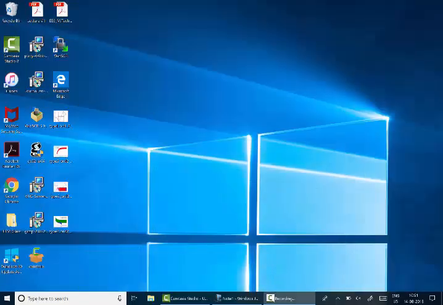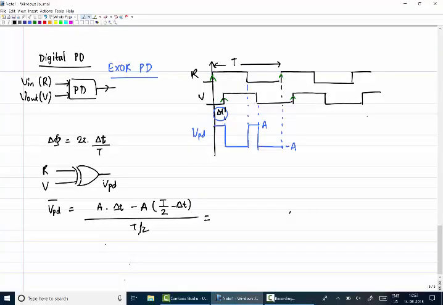So this is equal to A divided by T by 2, into T by 2 minus T by 2 plus 2 delta T. So this is A into 2 delta T over T, minus 1.